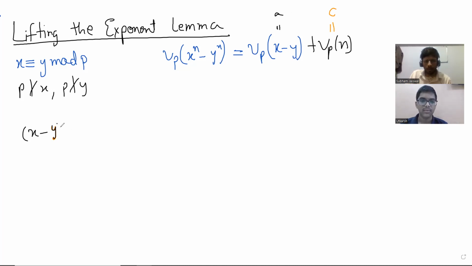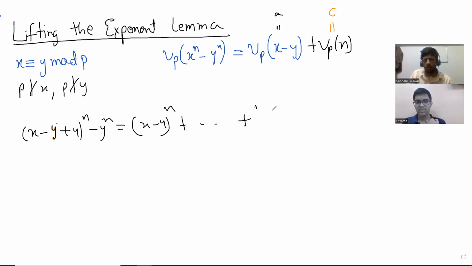The same expansion we will do. Then x minus y raised to power n, plus so on till NC(n minus 1). Same thing, NC1. Let me write the last two terms and see. So this will be square.